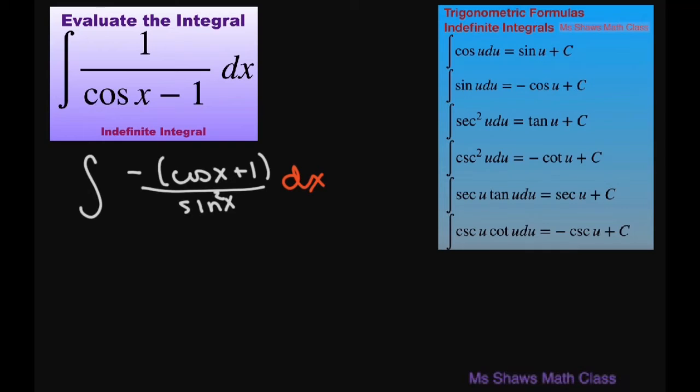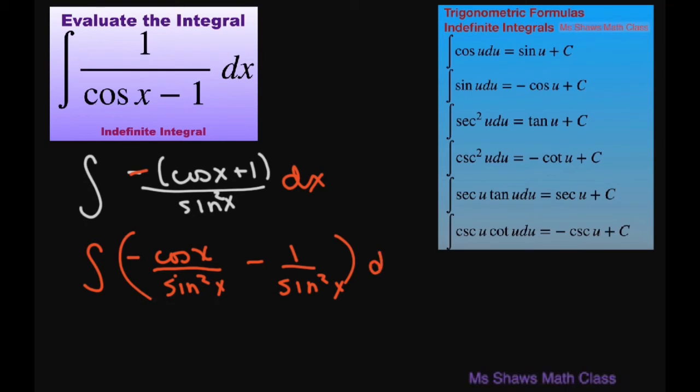All right. So let's split this up. And this is going to give you the integral of negative cosine of x divided by sine squared of x. And then to distribute the negative, you can have negative 1 divided by sine squared of x dx. And I think you have to look at this piece right here.